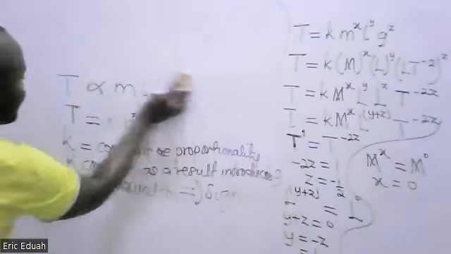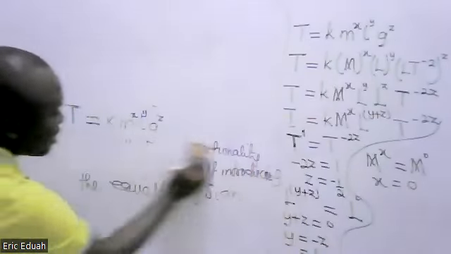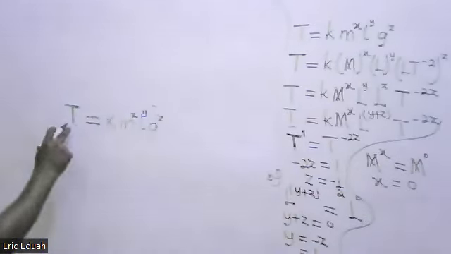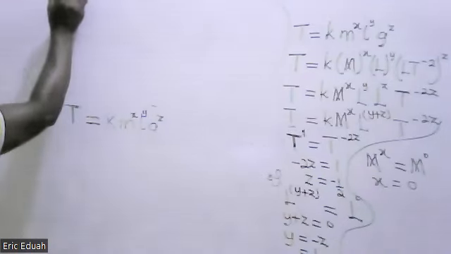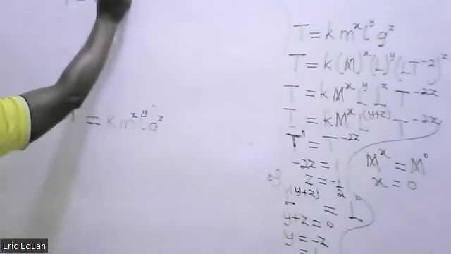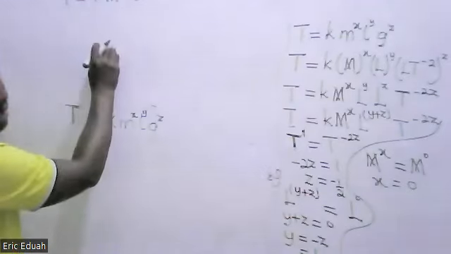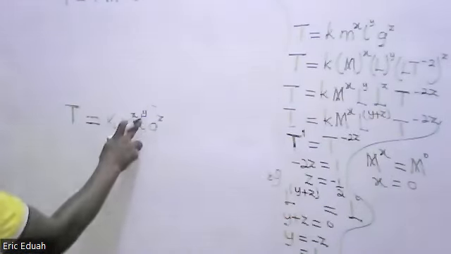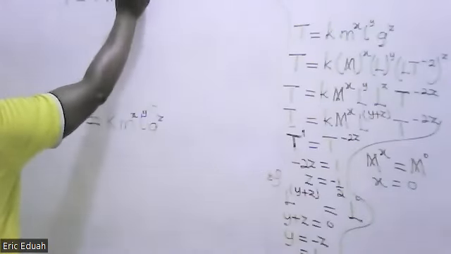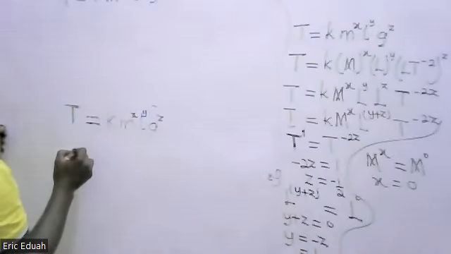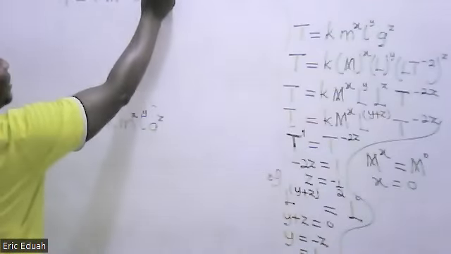So let's substitute it here. We have T is equal to k M to the power 0 because x is 0, L to the power half because L is to the power y, so half, and g to the power negative half.